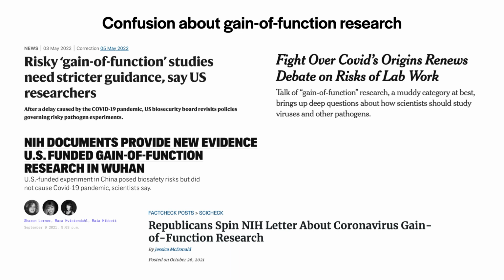It makes no sense whatsoever. NIH documents provide new evidence that we funded gain of function research in Wuhan. That's the experiment I just showed you. There's no secret there, but it's nothing. It's not even a human coronavirus. I don't know why it matters.